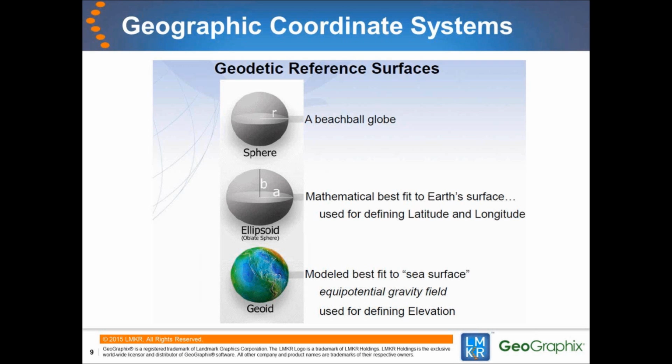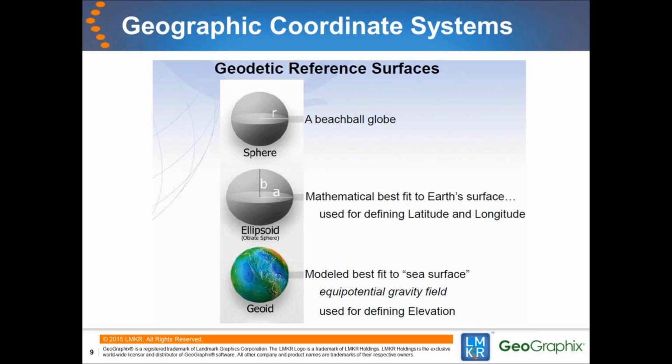So over the centuries, obviously the accuracy has improved over and over again, so we have a number of different datums. The other reason why we have more than one datum is because the Earth has topography. So we've got mountains, valleys, coastlines, and some datums, some mathematical best fits, fit better at higher elevations than they do at sea level.